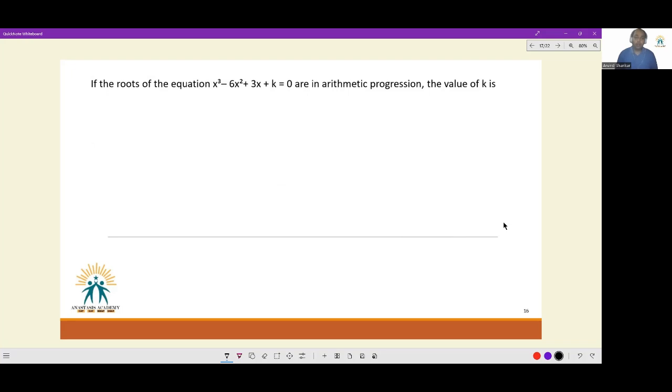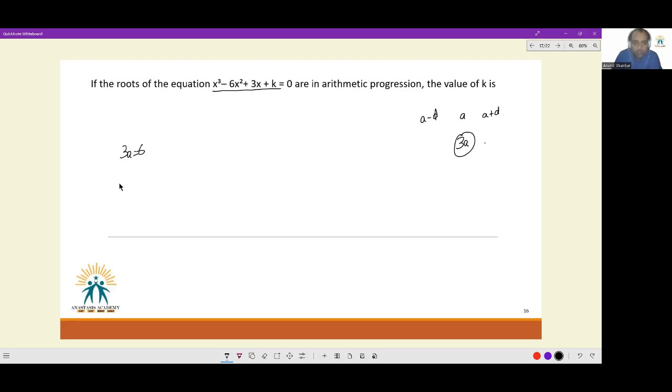Next, if the roots of the equation x cube minus 6x square plus 3x plus k are in arithmetic progression, find the value of k. Okay, let the three roots here be a minus d, a, a plus d. Sum of roots will therefore turn out to be 3a. And sum of roots according to this expression is 6.